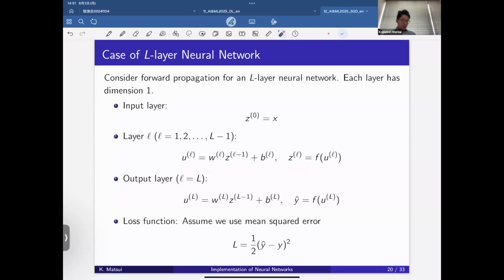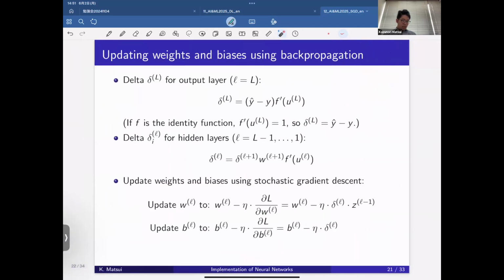Here, let's use the mean squared error as loss function. Delta for the output layer becomes like this. Delta for hidden layers has exactly the same mechanism as the three-layer case we did before, so it becomes this kind of update formula.